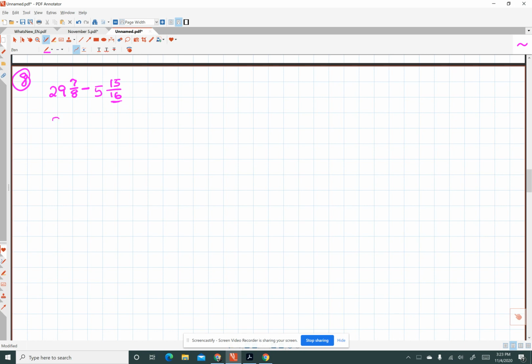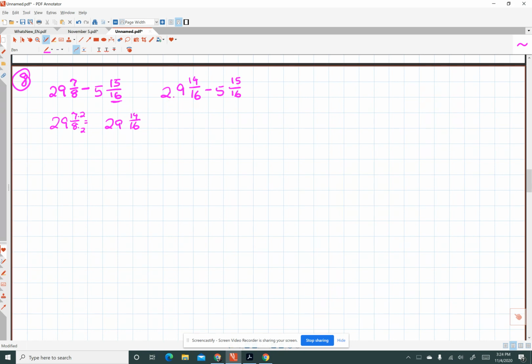So we will rewrite 29 and 7/8 to be 29, and we have 8 times 2 is 16, 7 times 2 is 14. So our rewrite, 29 and 14/16 minus 5 and 15/16. But you see what's happening here.